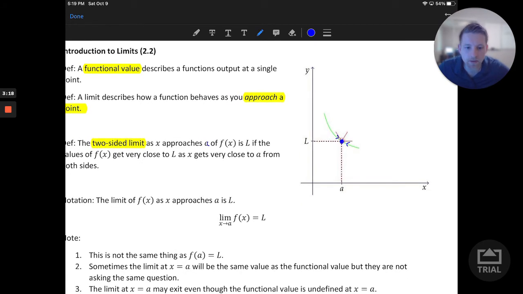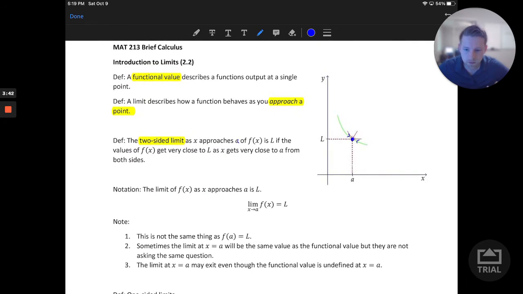Again, it doesn't matter if we actually are defined at that point, or if there's some sort of hole in the graph or a vertical asymptote. As long as we're approaching that same value, we would have a limit. And again, the solution to the limit is the height on the graph that I'm approaching.